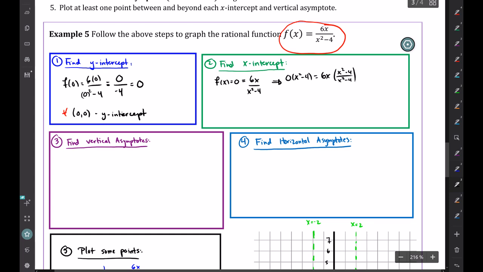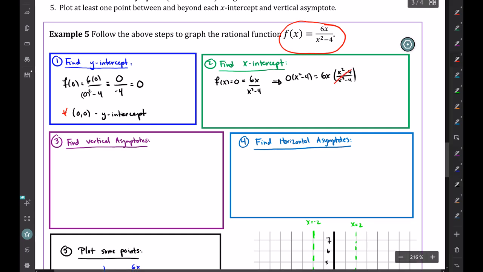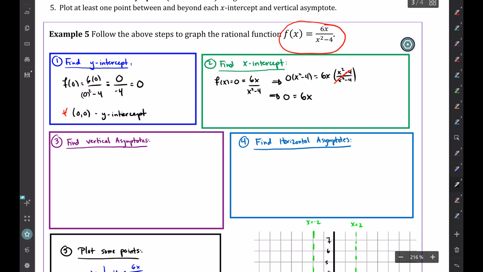And of course that ratio is 1, because it's just taking some number and dividing by itself, so we'll cancel that part. Then we get that 0 is equal to 6x, because 0 times anything is 0.